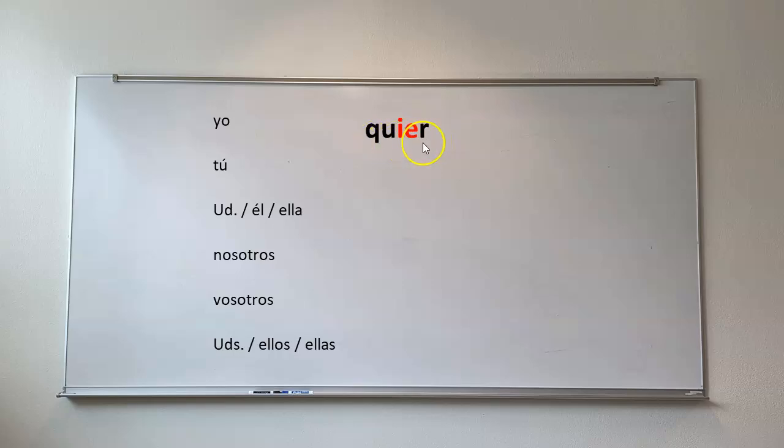It just does change. That's the rule. So we add the ending that you've memorized already, and we have yo quiero. I want. If my subject is tú, you, we have quier, and then we add the ER verb ending, which is ES. And we have quieres. Tú quieres. You want.